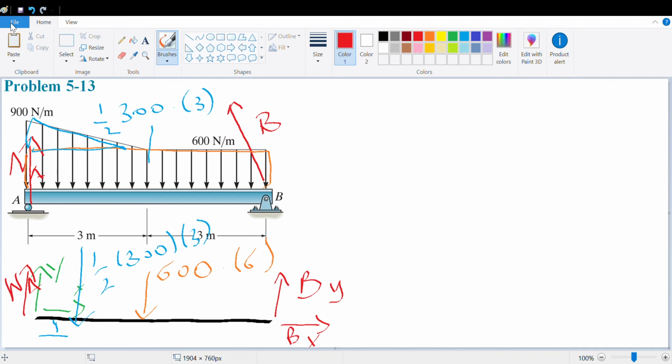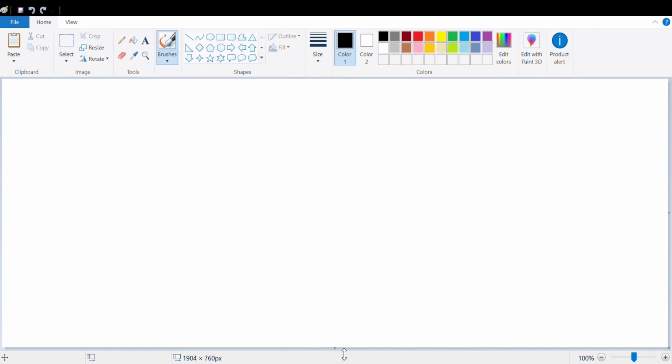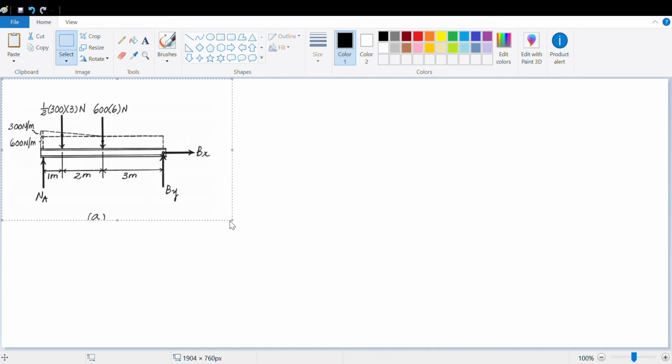So let's solve the equilibrium equation. Here I will put a better drawing. Alright.